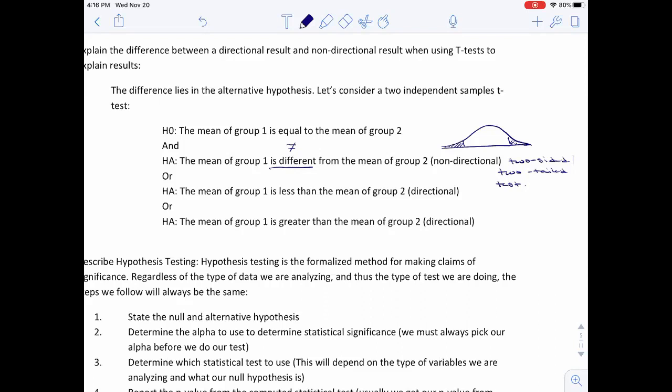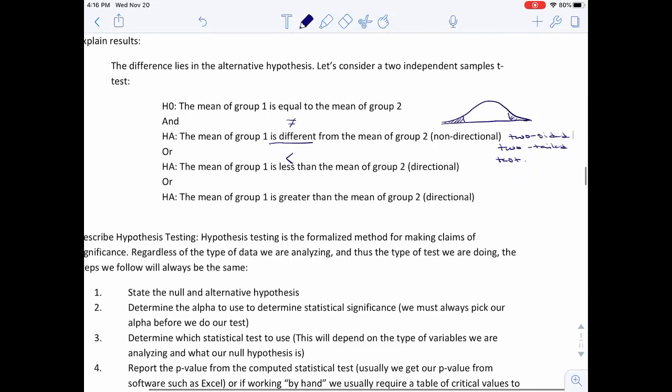Whereas if your alternative hypothesis is that the mean of group 1 is less than the mean of group 2, now you're looking at some direction. In fact, you're looking at the lower tail.